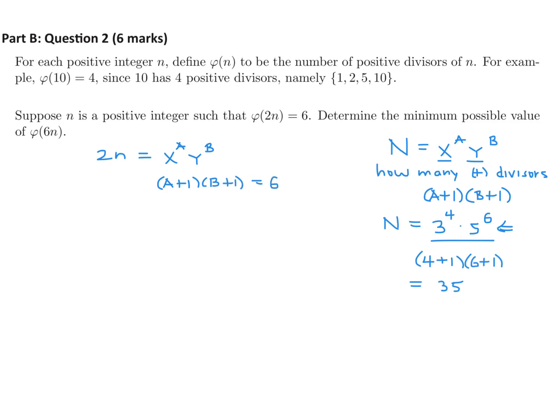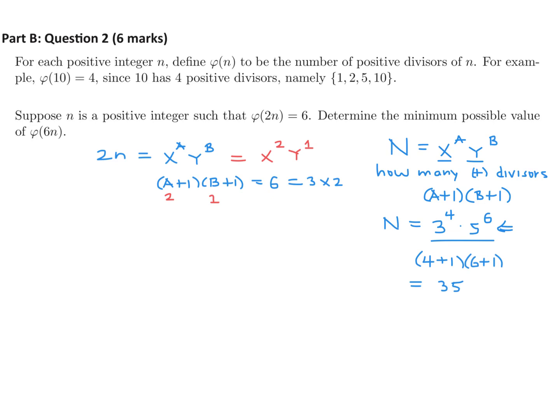Okay, so how can we do this? Well, there's a few ways. 6 is 2 times 3, really. 3 times 2, 2 times 3, same thing. So that means that a could be 2, and b could be 1. That's one way of this being possible. So that would mean x to the power of 2, y to the power of 1.